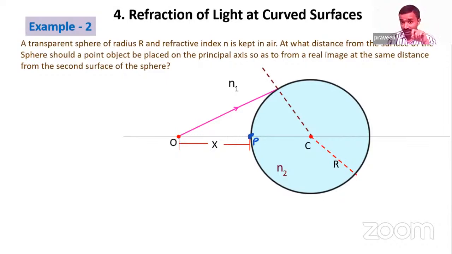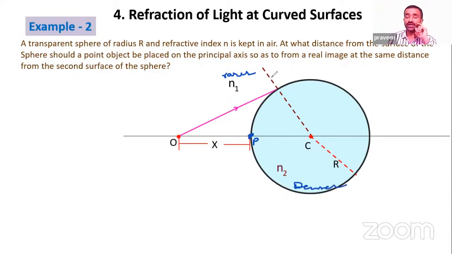Then next, construct a normal at the point of incidence. Then what happens? Light is propagating from air, the rarer medium, into the denser sphere.